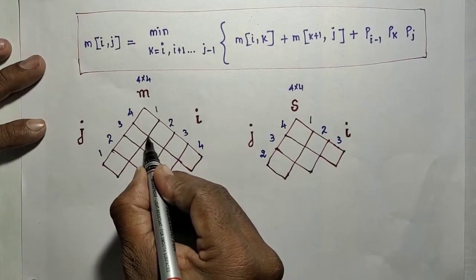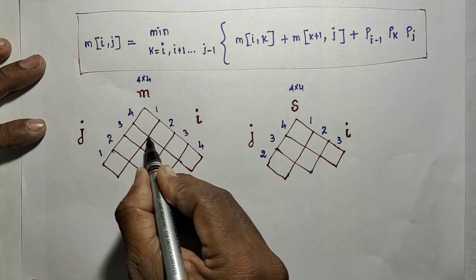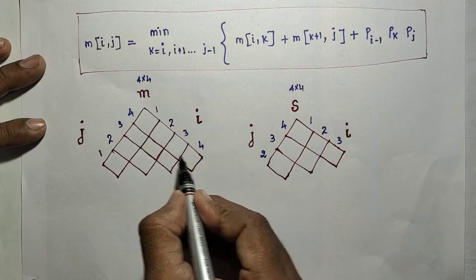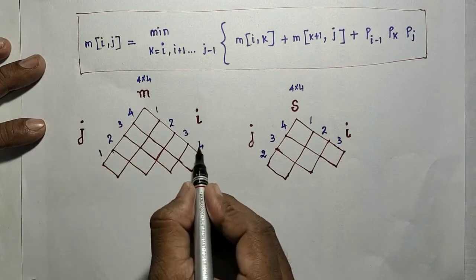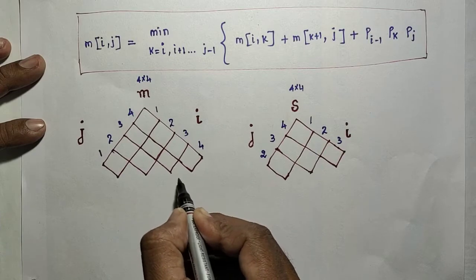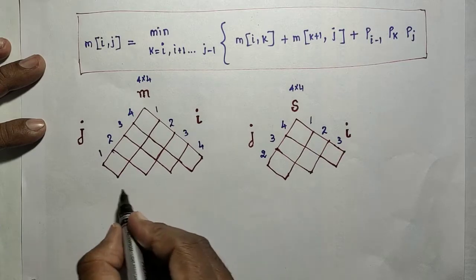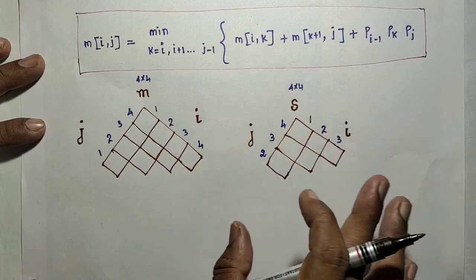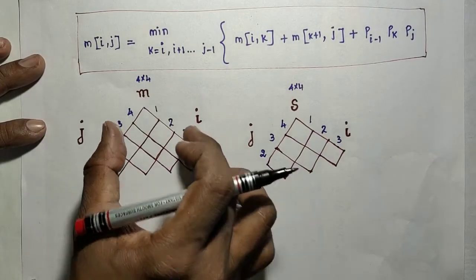Similarly, M of 4 comma 3 is actually not there, so we are not going to use those cells, so we have not drawn them. Even if you draw them, no problem.